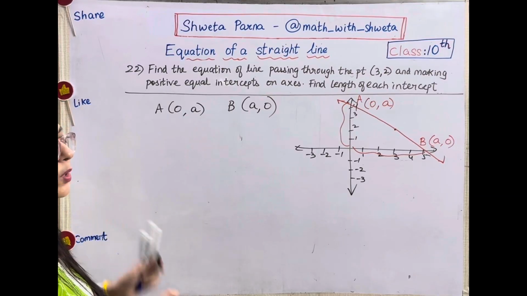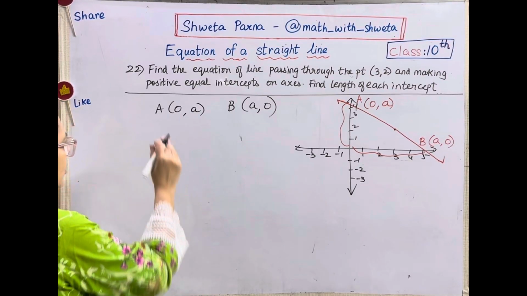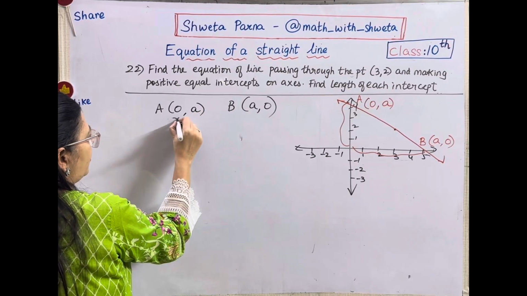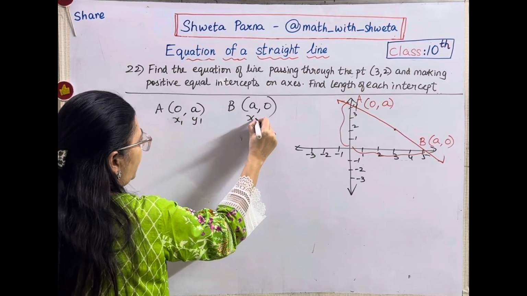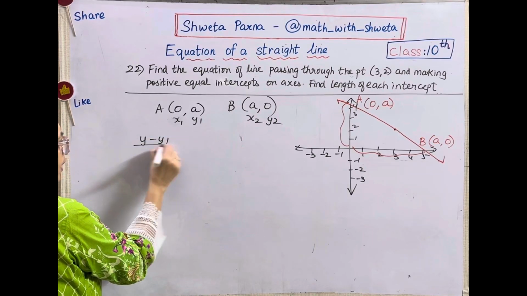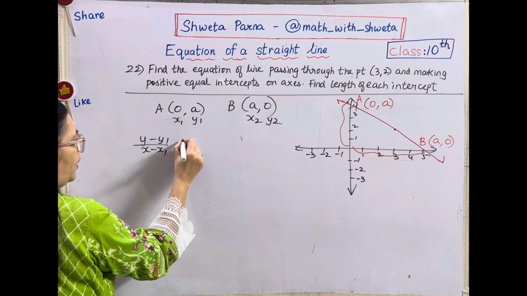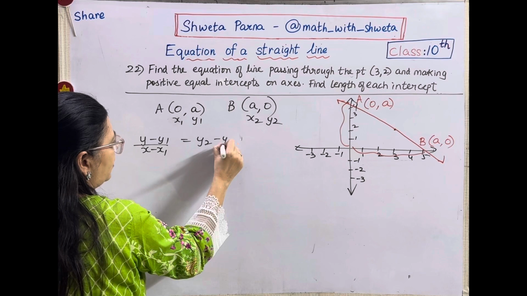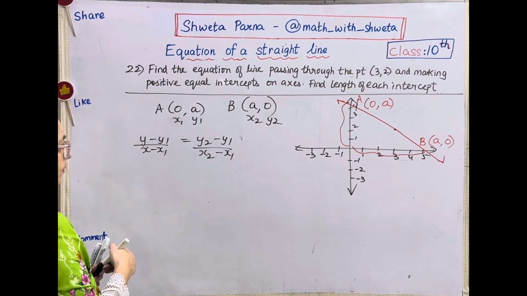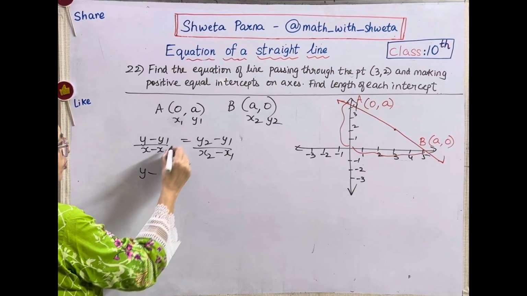Let's use the two-point form to find the equation. So this is (x1, y1), this is (x2, y2). Chalo, (y minus y1) upon (x minus x1) is equal to (y2 minus y1) upon (x2 minus x1). So y minus, what is y1?